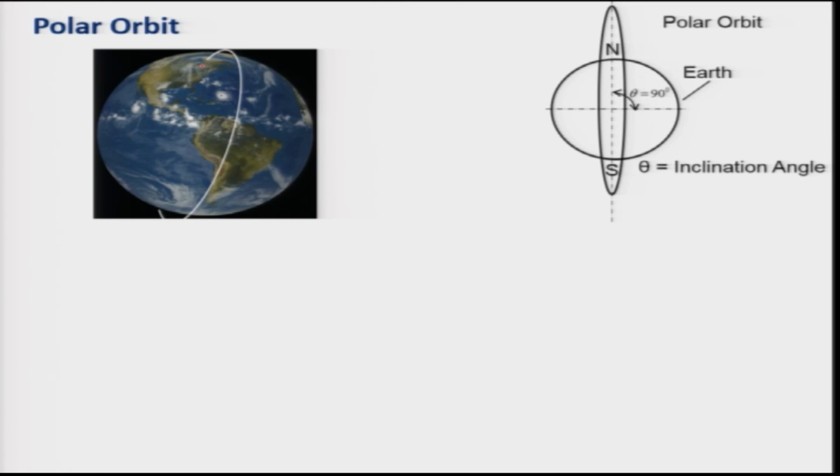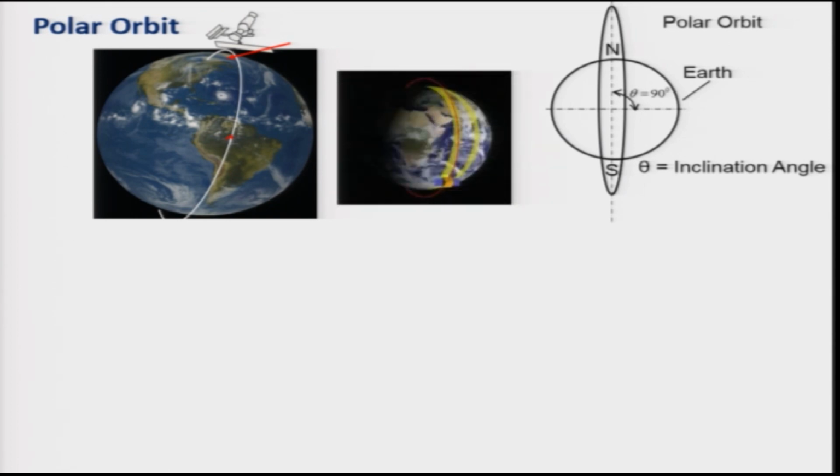Let us say this satellite is around here in this location and it is revolving around in these directions, and this is your earth. When the earth is rotating in this direction from west to east, the satellite will be scanning all the places from top to bottom as it is moving around. So, it will be scanning the entire range. That is the good part of that.